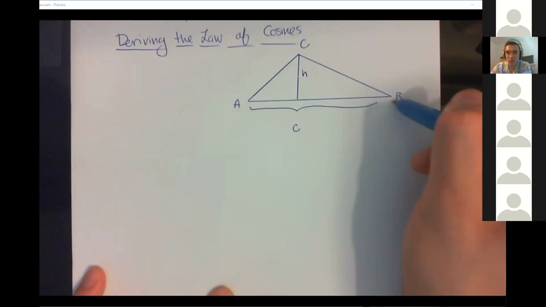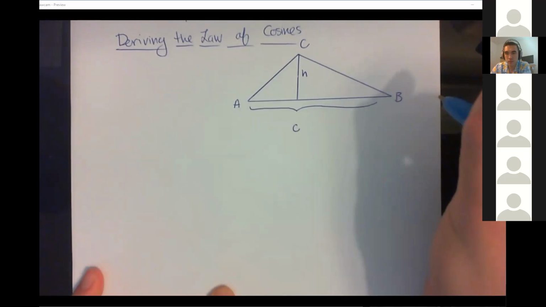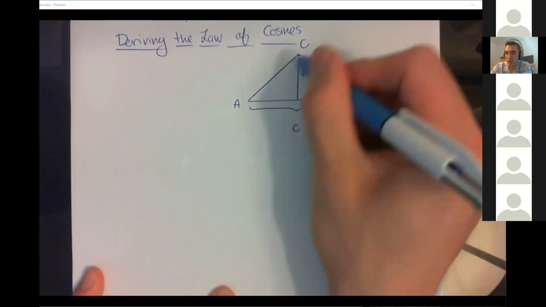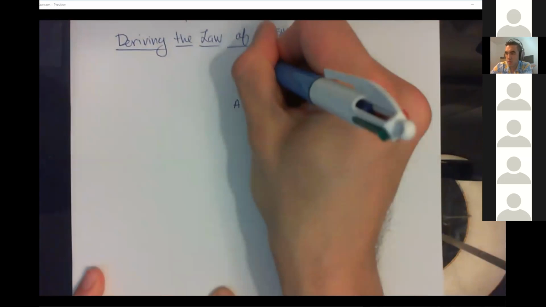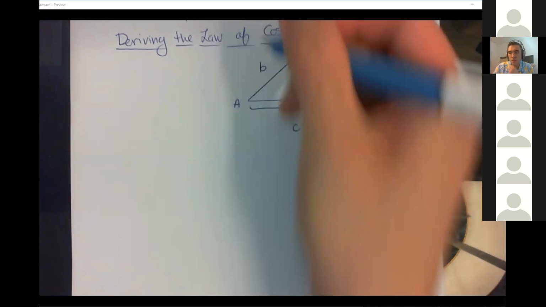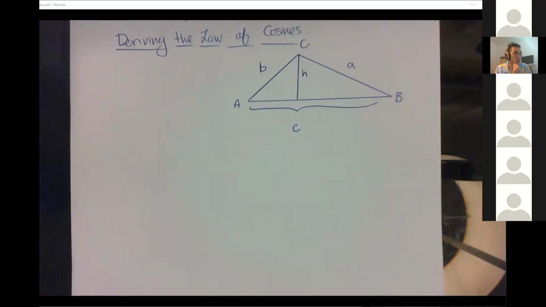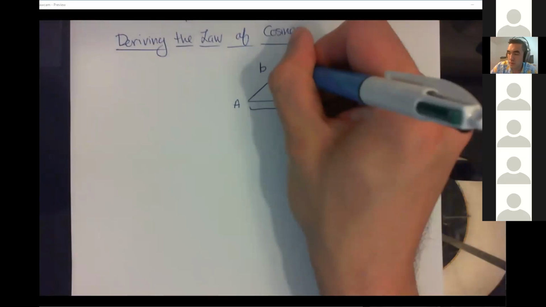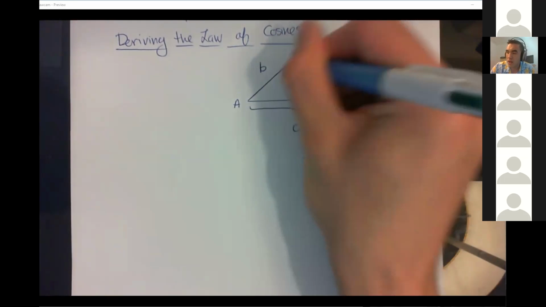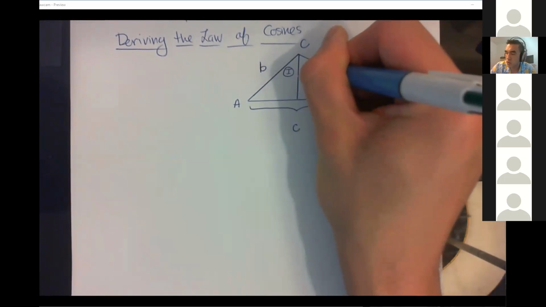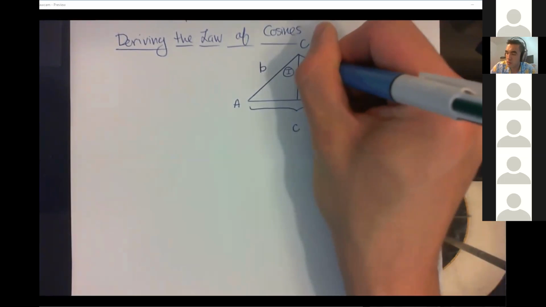What is this side length? Side length A. And what is this side length? Side length B. Keep in mind, opposite sides and angles are named with the same letter, except one is capitalized and one is lowercase. In order to do this derivation, on the left-hand side of this triangle I have triangle 1, and on the right-hand side I have triangle 2, each a component of this.